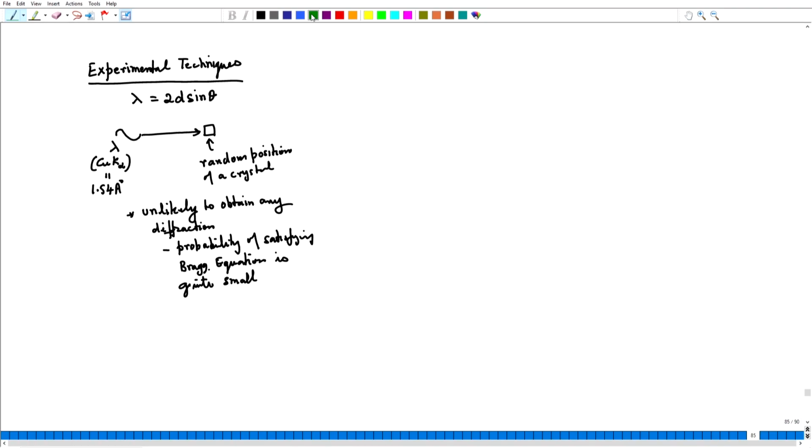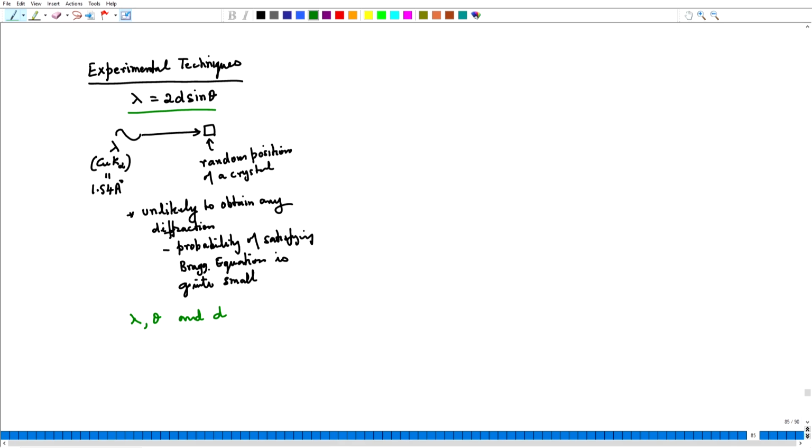So, if one looks at the equation lambda equals 2d sin theta, we find essentially in this equation that there are three parameters. I have lambda, I have theta and I have the interplanar spacing d.